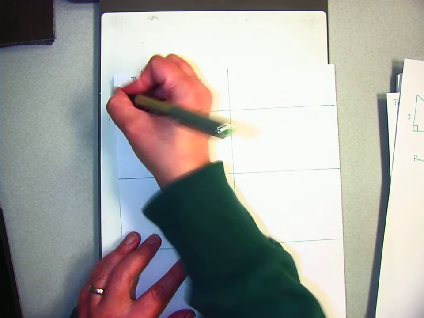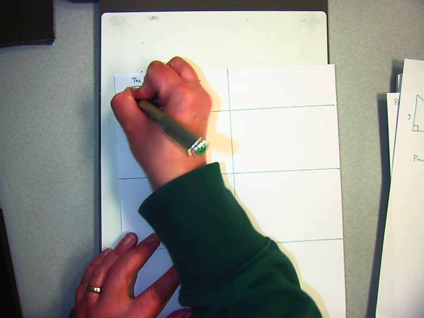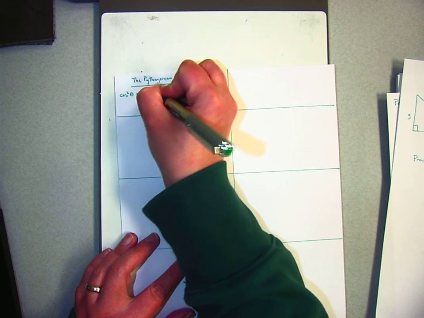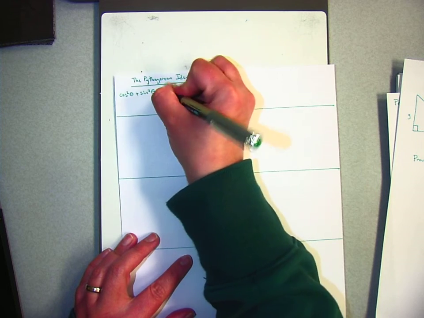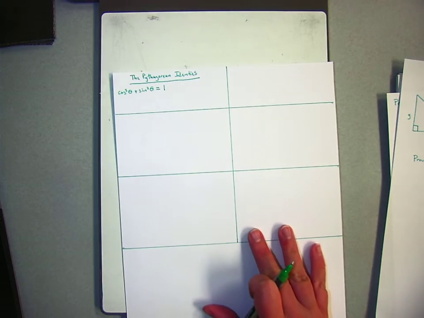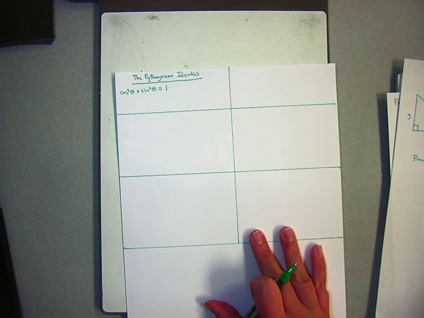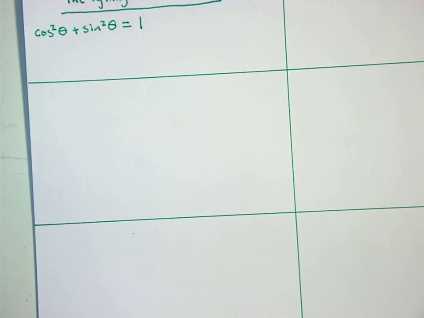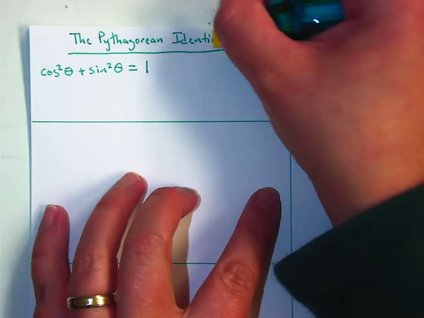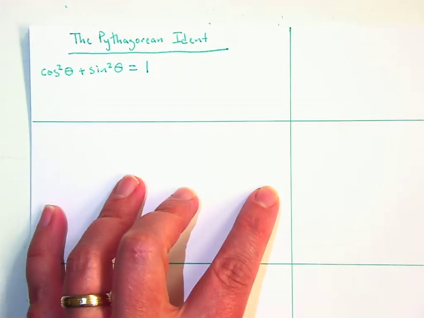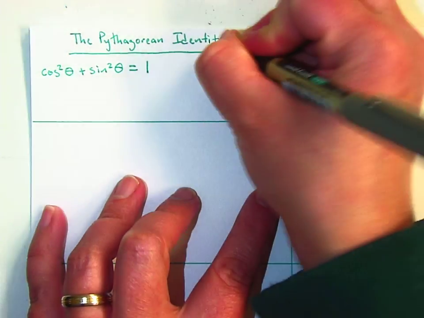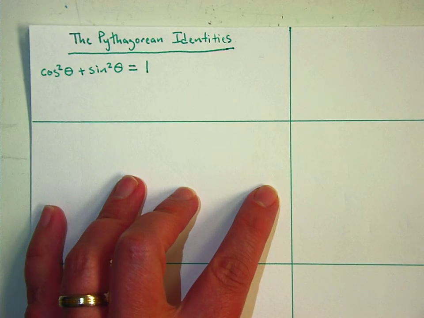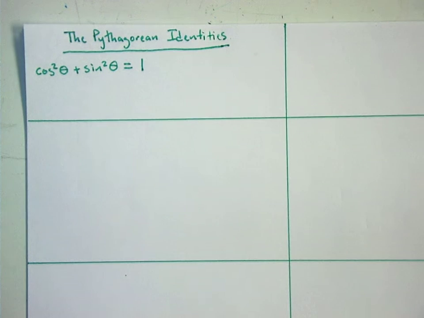And the first one we just talked about was cosine squared theta plus sine squared theta equals 1. Oop, I keep misspelling the word identities today. Identities. All right, so that's our first one. Cosine squared plus sine squared equals 1.